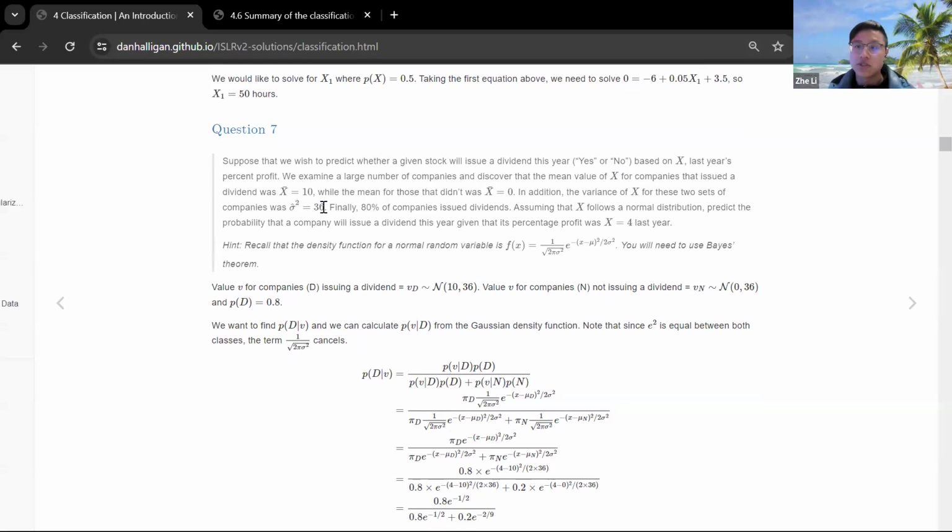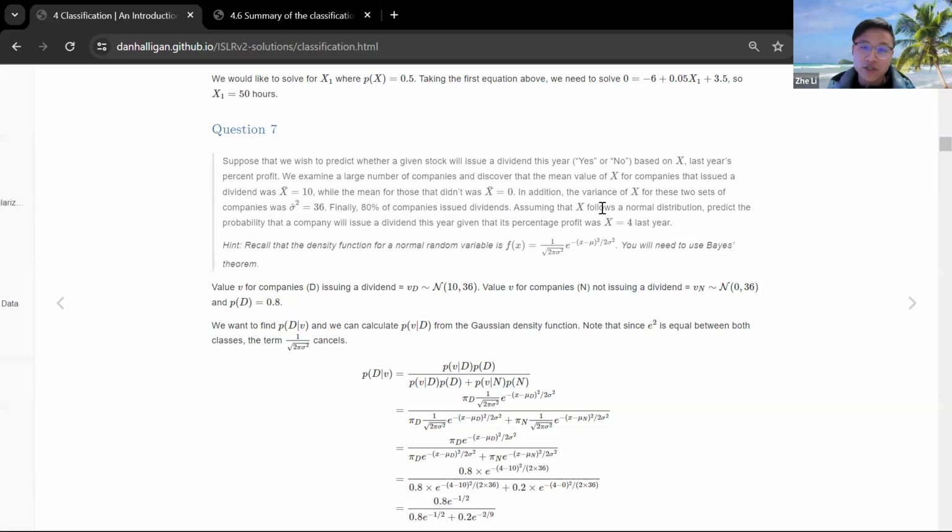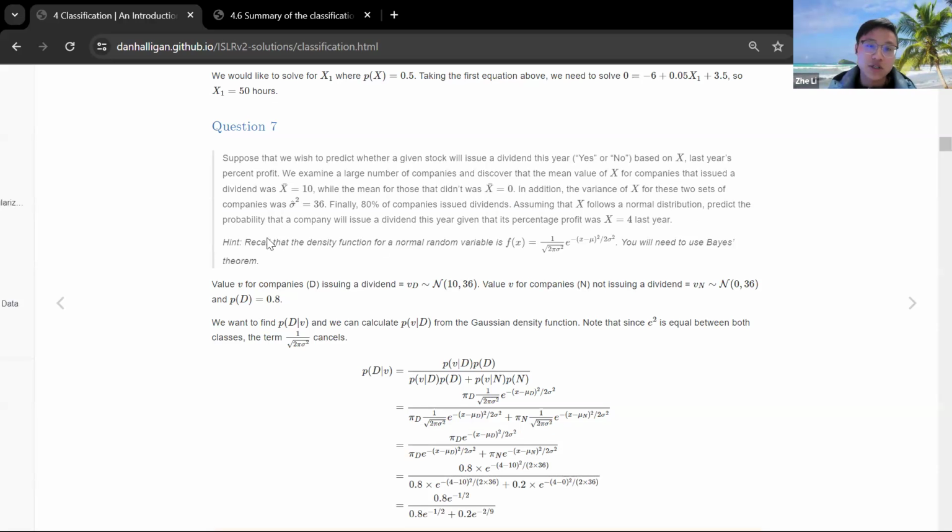So in this case, we would use LDA, which might be the best model. And finally, we have a prior probability of whether a company will issue a dividend, which is 0.8. We can take that into our function, and we assume that it's a normal distribution.